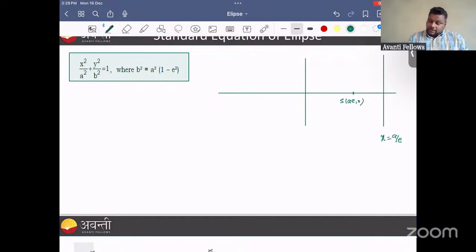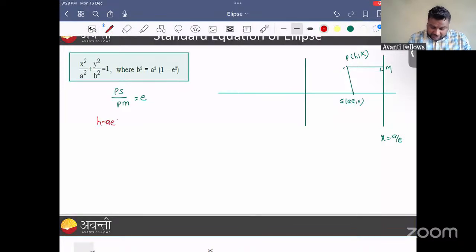All right. Now there is a point P (h, k), which is moving in such a way that PS upon PM is e. So PS upon PM is e. Now PS is what? Distance of P from (ae, 0).